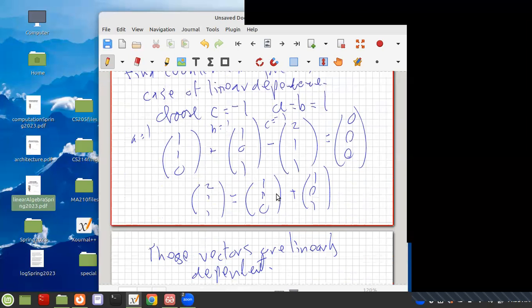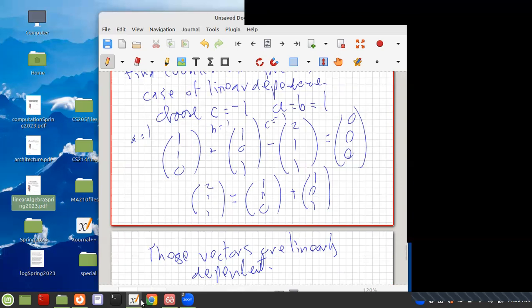So the goal is you start from the same process of supposing the linear combination is 0, solving the linear system, and if there's one solution, you're home free. If there's an infinite number of solutions, you pick one that's non-zero and exhibit a linear dependence. And so you've exhibited that they're linearly dependent. And that's the whole game.